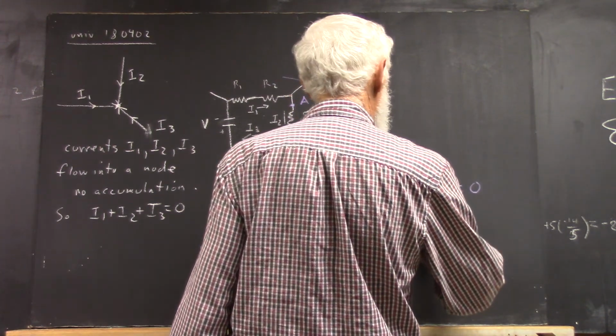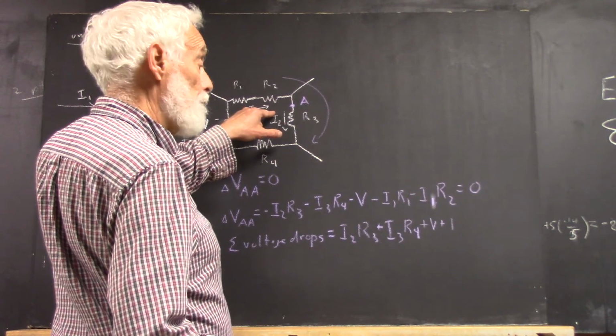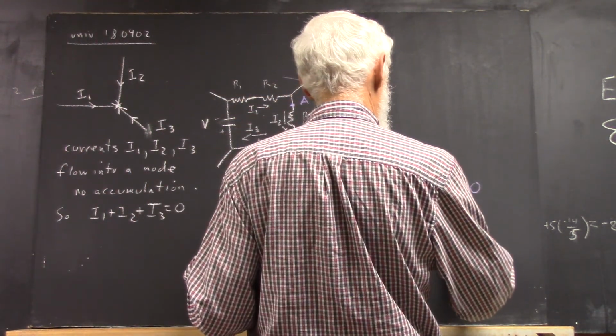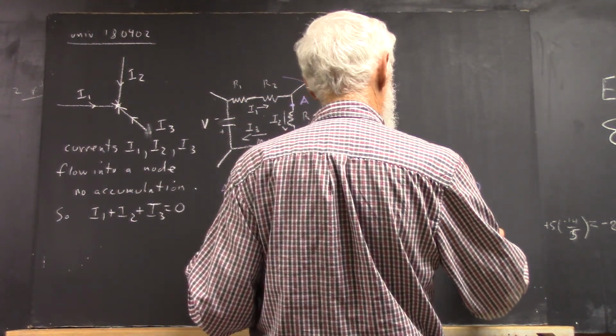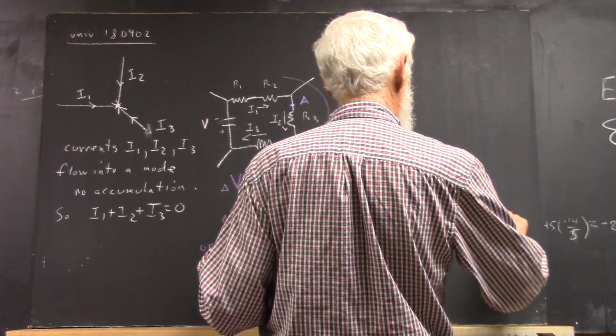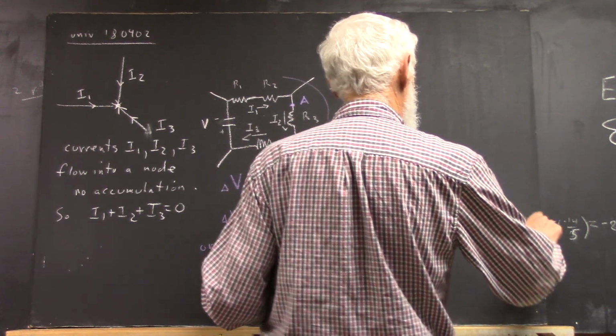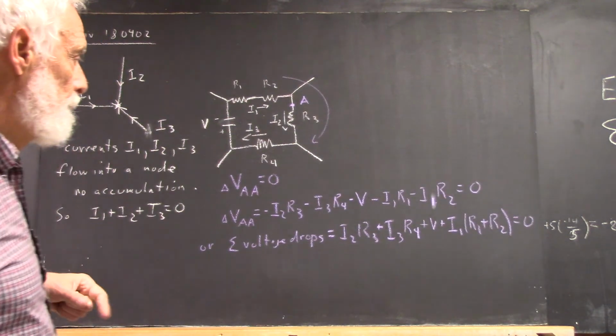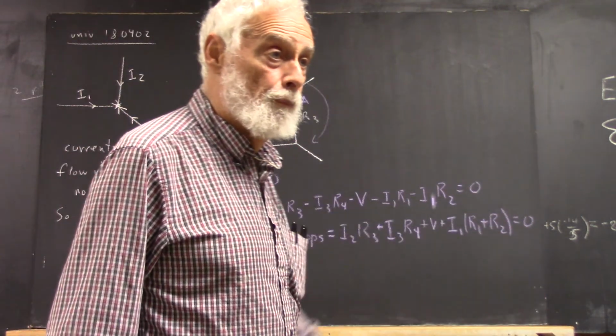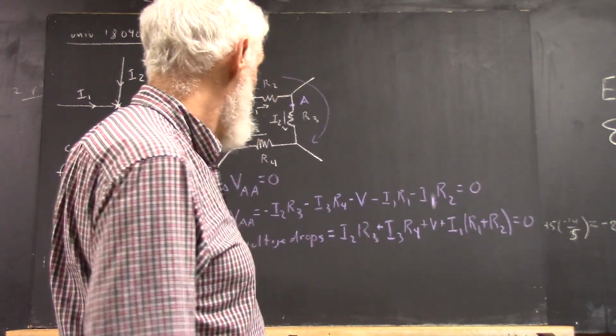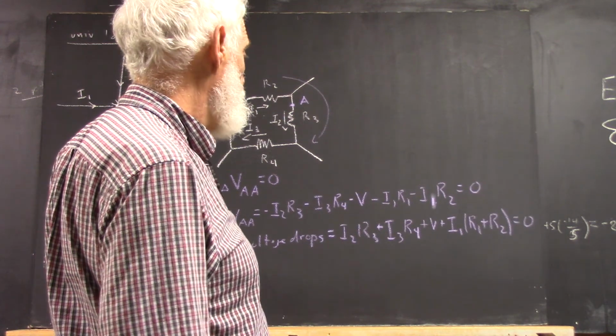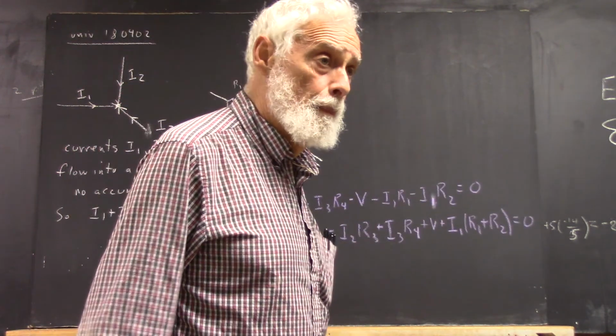And this current through R2 is I1. Okay, so all these are positive, right? Now how can all these be positive and add up to 0?